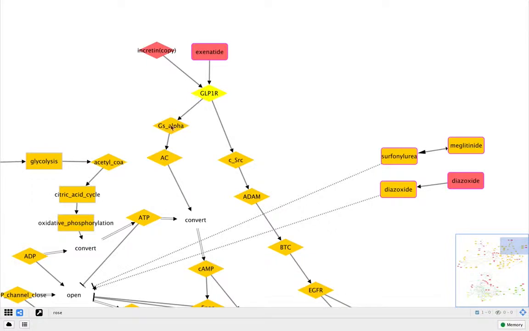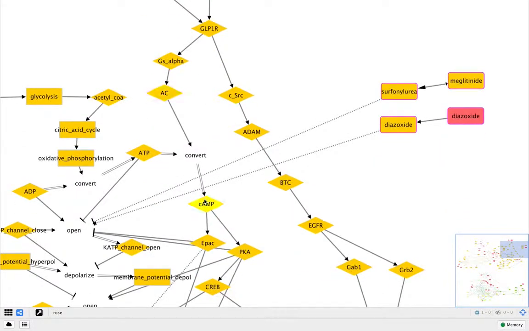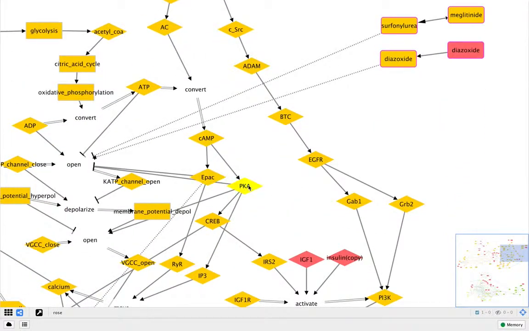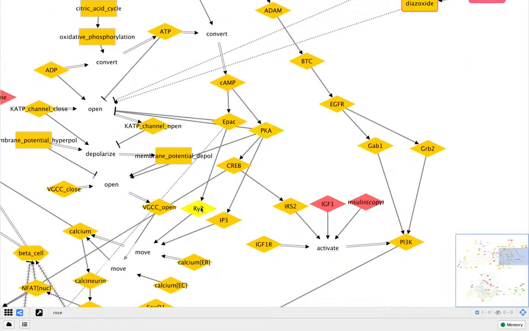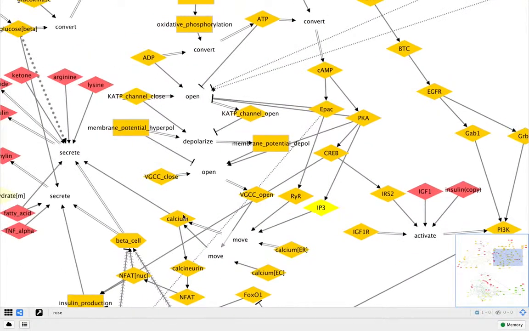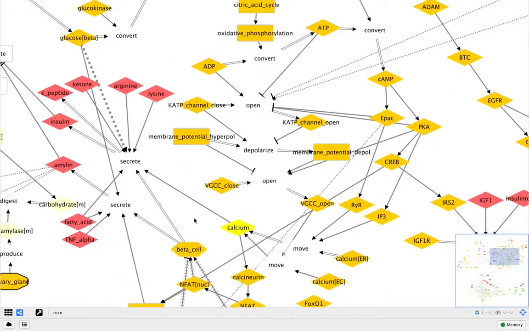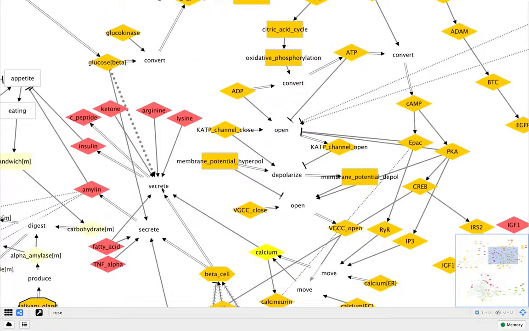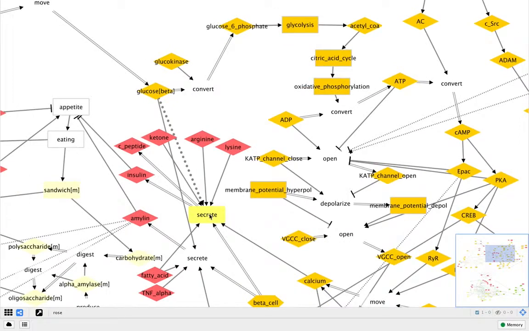We already discussed this pathway: Gs-alpha, adenylyl cyclase, cAMP, EPAC or PKA, which activates RyR or IP3, which increases the movement of calcium from the endoplasmic reticulum or extracellular space. So the increased calcium concentration inside the beta cell increases the secretion of insulin by the beta cell.